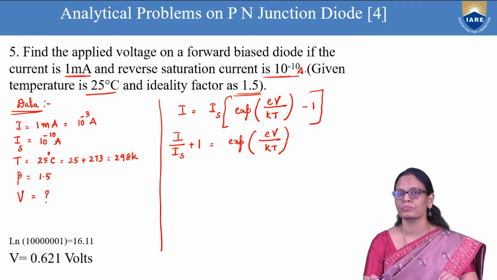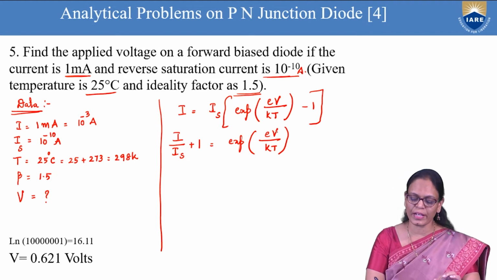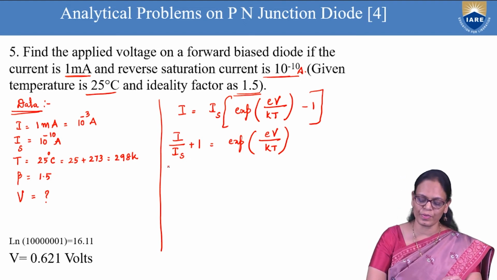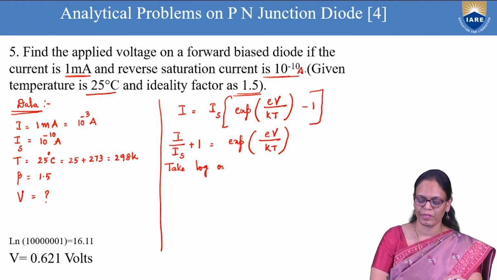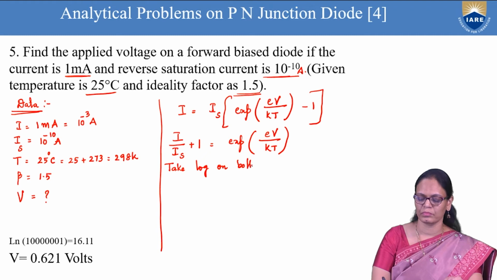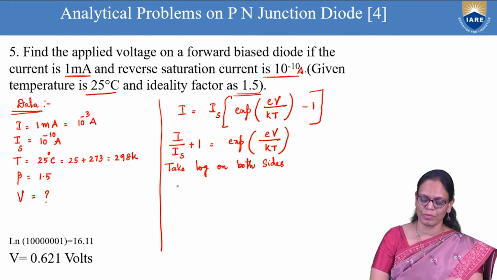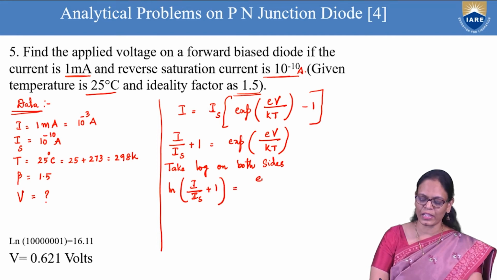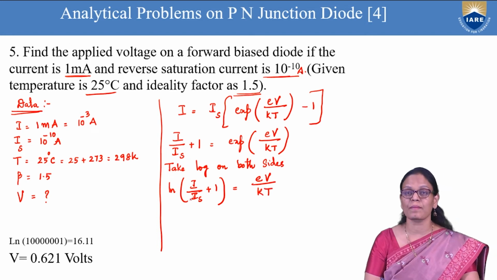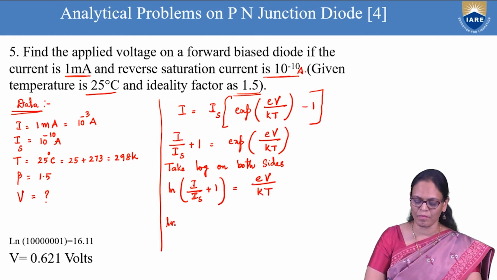Now we need to get the value of V. So we will take logarithm on both sides. When we take logarithm on both sides, we have ln of I by Is plus 1 equal to eV by kT. We can substitute the values here.